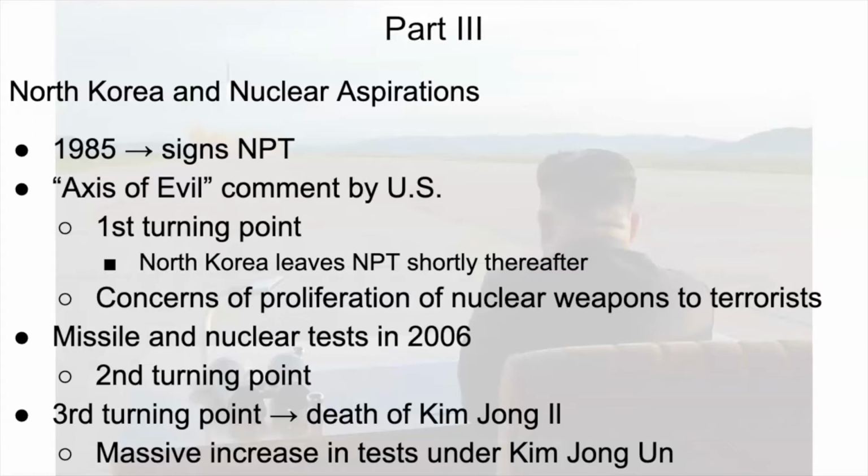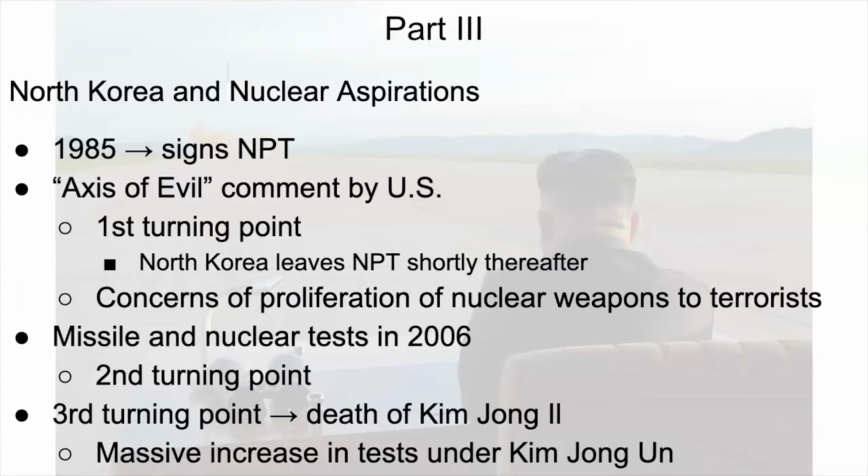Part of the reason he makes this comment is because 9/11 recently occurred, and the United States has concerns of countries that have nuclear interests giving weapons to terrorists. So that's the basis behind the comment, but the result of the comment is substantial. North Korea is going to shortly thereafter leave the Nuclear Non-Proliferation Treaty.